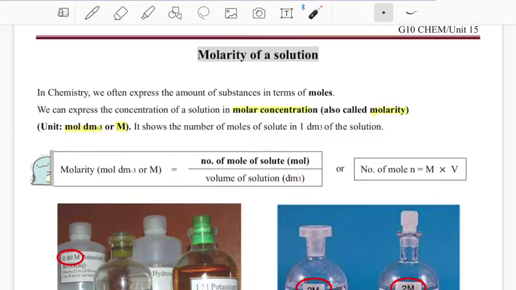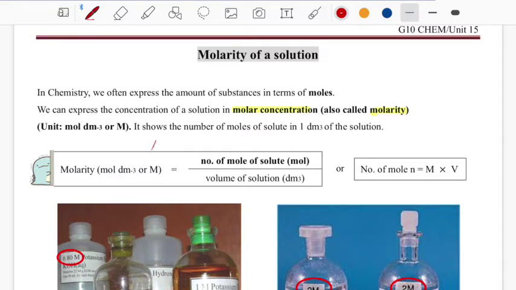So we can also express this using letters. If we use letters to represent it, the concentration can be lowercase c, or for molarity we can specially use capital M to represent it.